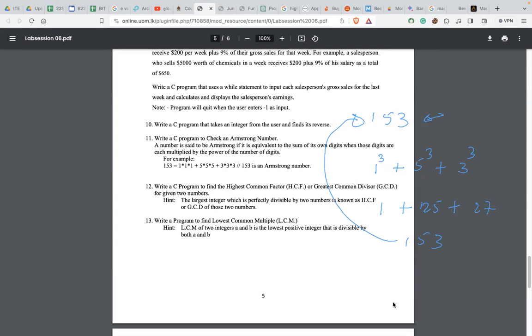Now I think you get a proper idea of what it means to be an Armstrong number. Let's take another example: 2, 4, 3, 1. Now how many digits are available? 1, 2, 3, 4.